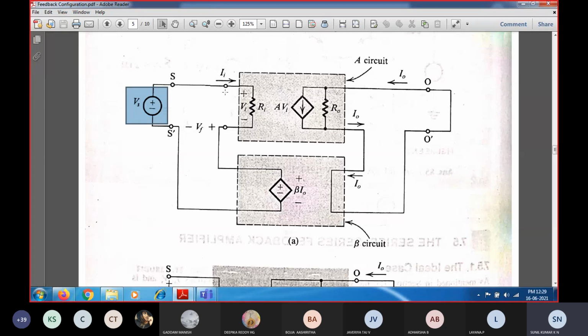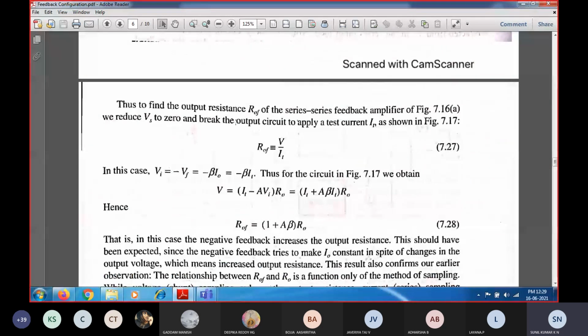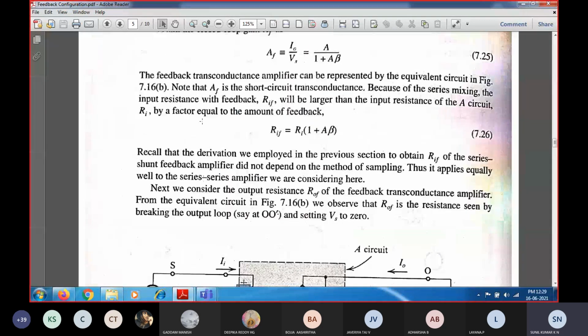So you will be getting Ri in the numerator, and Vi across the denominator. Vs I can write as Vf plus Vi, and if I substitute this expression, you will be getting the input resistance with feedback equal to Ri multiplied by 1 plus A beta. So you are going to get the same expression.